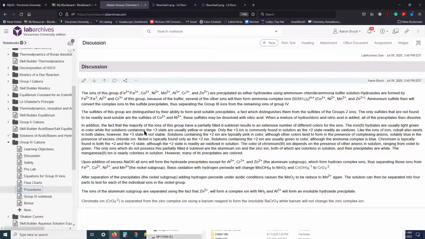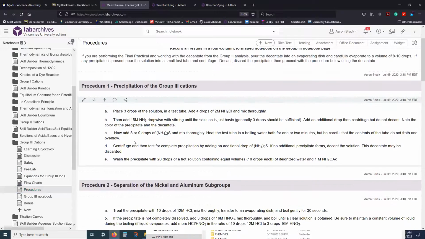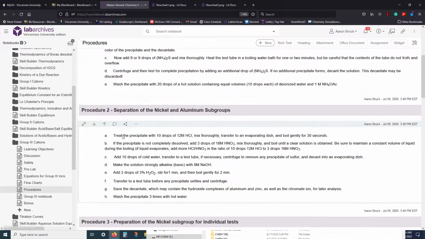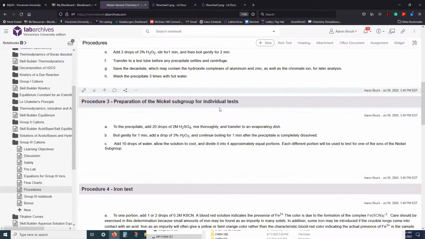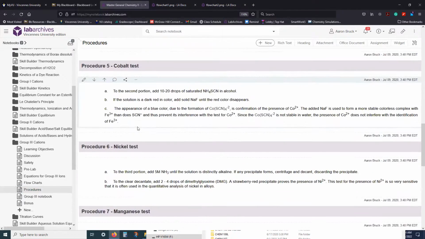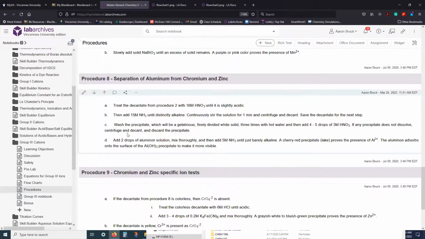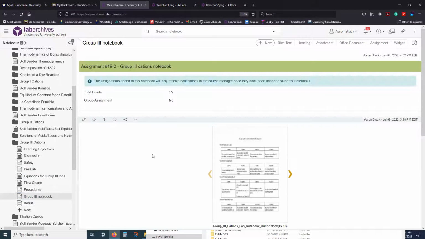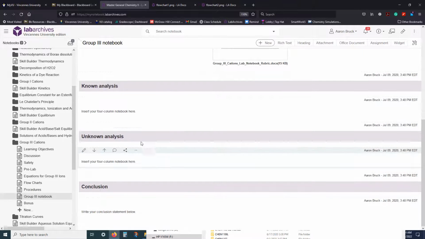And if you look at the procedures, you're going to get kind of the same format as what we saw in the group 2 analysis. Each procedure kind of tells you what's going on in each of them, and the individual steps walk you through the process itself. The notebook is very similar to the notebook that you did for group 2.